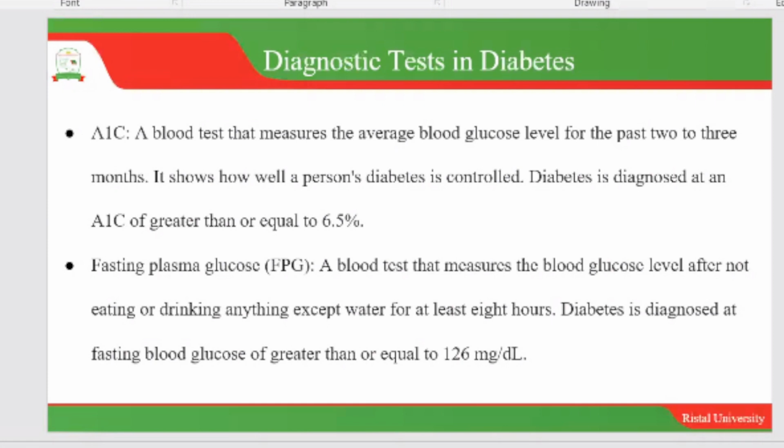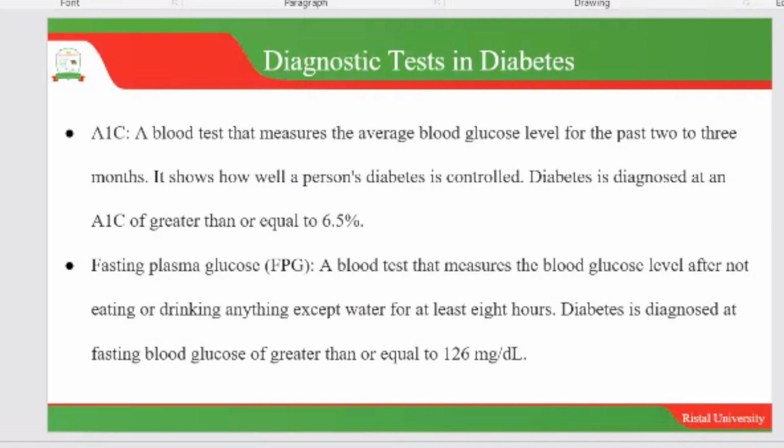Then another one is the oral glucose tolerance test, or OGTT. So this is a 2-hour test that measures the blood glucose level before and 2 hours after drinking a special sweet drink. So it shows how the body processes sugar. Diabetes is diagnosed at a 2-hour blood glucose of greater than or equal to 200 milligrams per deciliter.